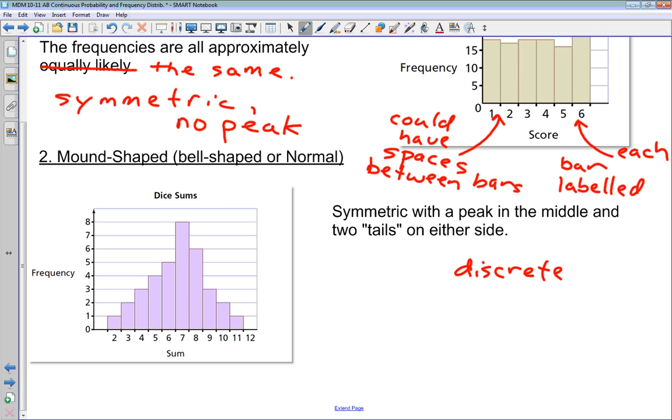Okay? Now, the frequency distribution for a discrete variable can take on this mound shape. The frequency distribution for a continuous variable can take on the same sort of look. Okay? So these shapes are just ways of describing the graph. They're not exclusive to either discrete or continuous variables.